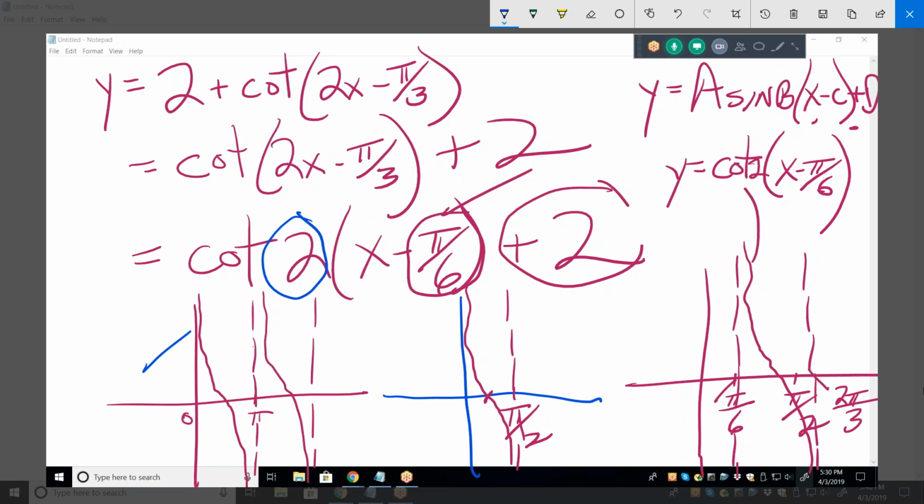What's that plus 2 do? Shifts it up or down. In this case, up. So I find myself a point. I know where that point is. The blue point. That's halfway between pi over 6 and 2 pi over 3. Yep. And it's on the x-axis. So I'm going to move that point up 2 units.